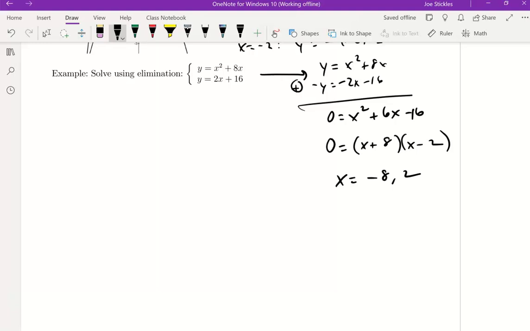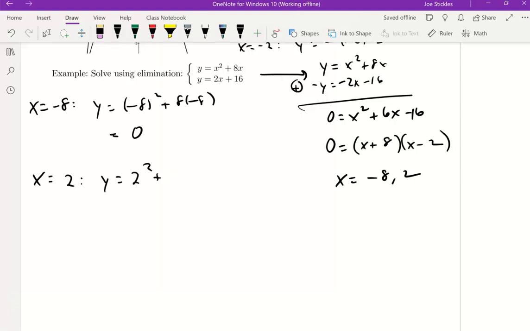So if we put in x equal to -8, we get y equals -8 squared plus 8 times -8. -8 squared gives you 64, and then you get a minus 64, so we should get 0 for that one. Put in your 2.